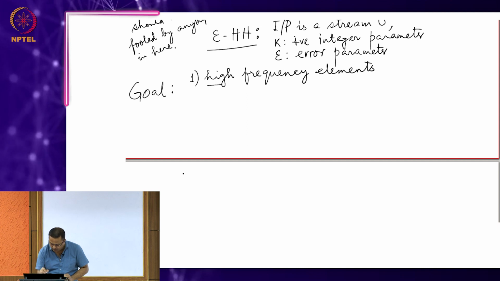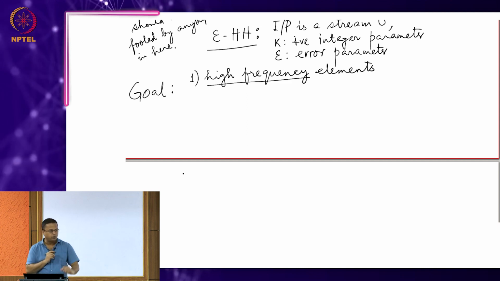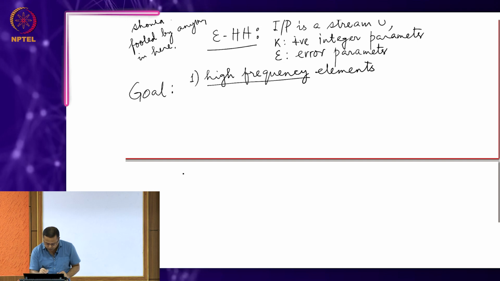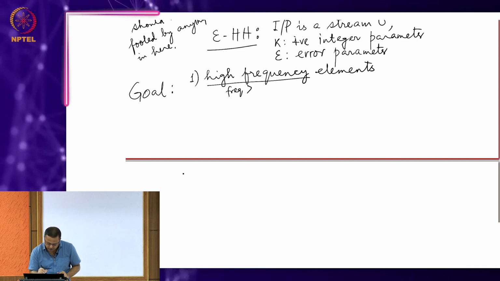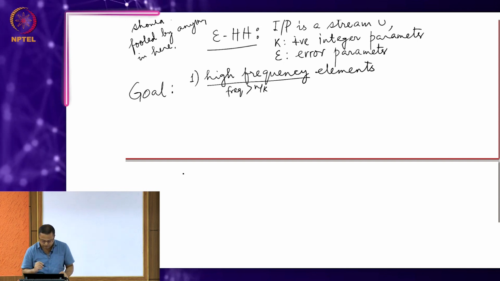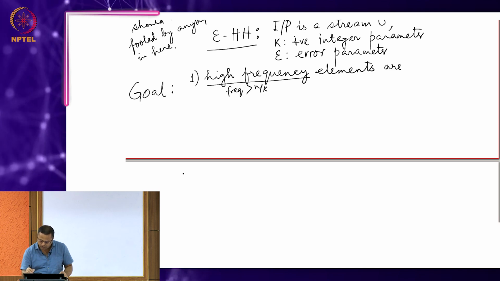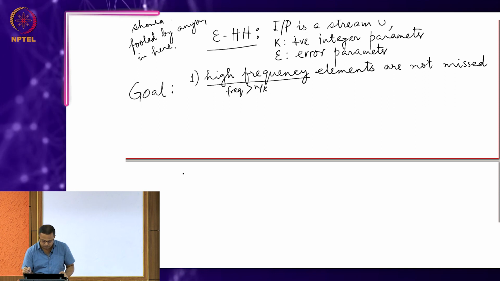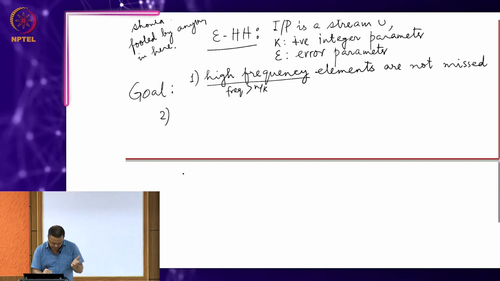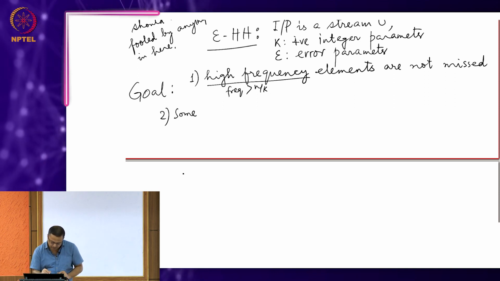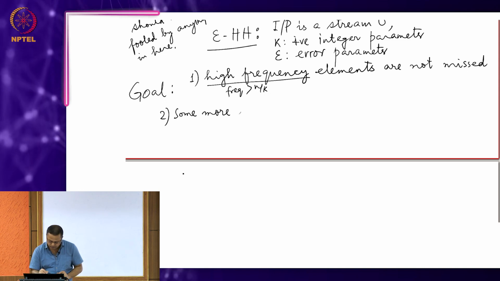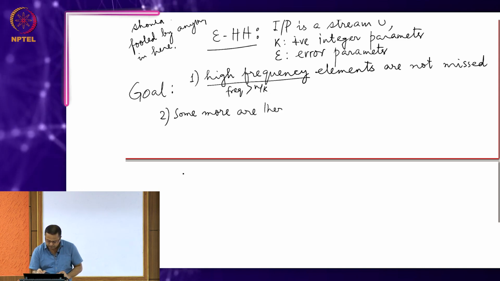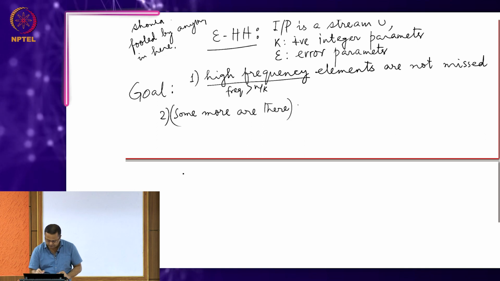So, you by now understand what I mean by high frequency elements, the ones whose frequency is greater than n by k are not missed. Second, as I said, some more are there, which are there.